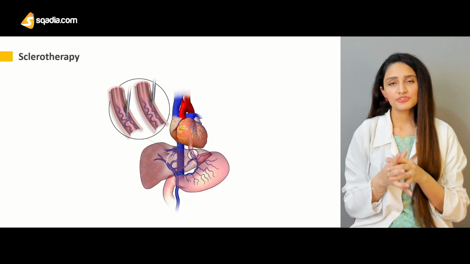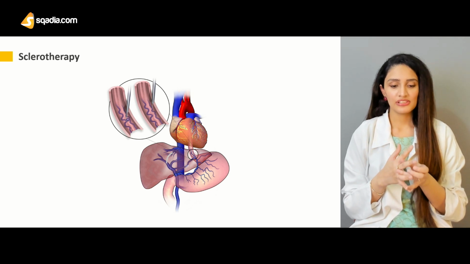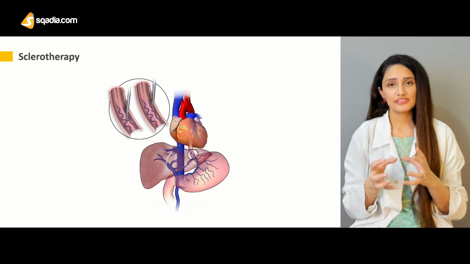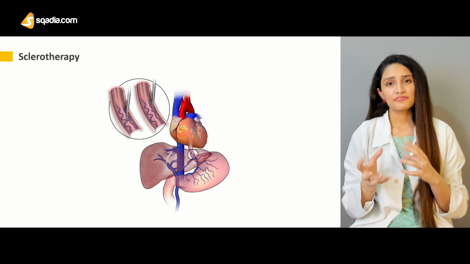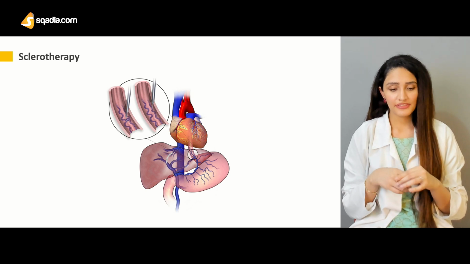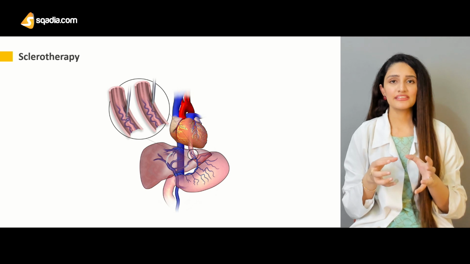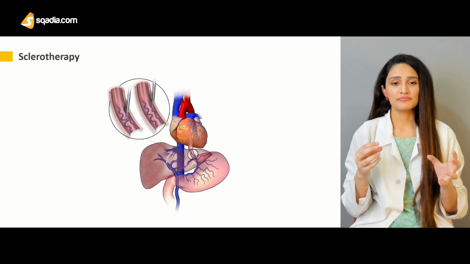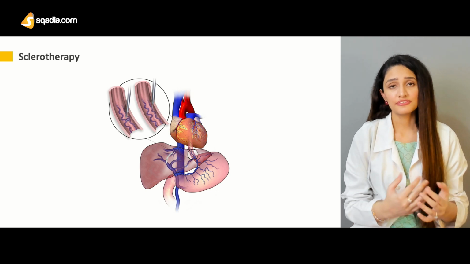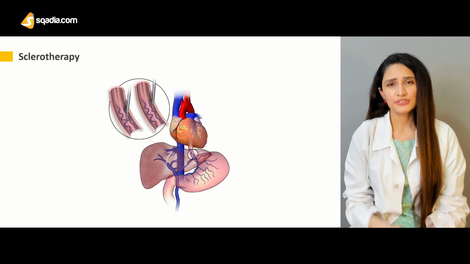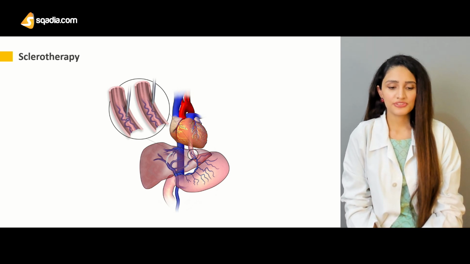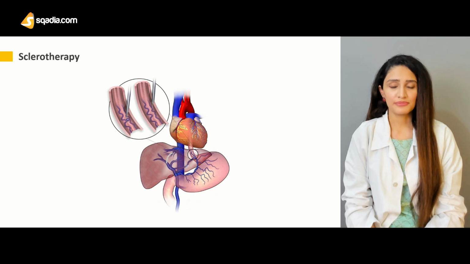The sclerosant usually involved is sodium morrhuate or solely alcohol, and this causes the esophageal varices to shrink. Then, after injecting, the esophageal varices reduce slowly. The complications of sclerotherapy are usually bleeding, strictures, and perforation.